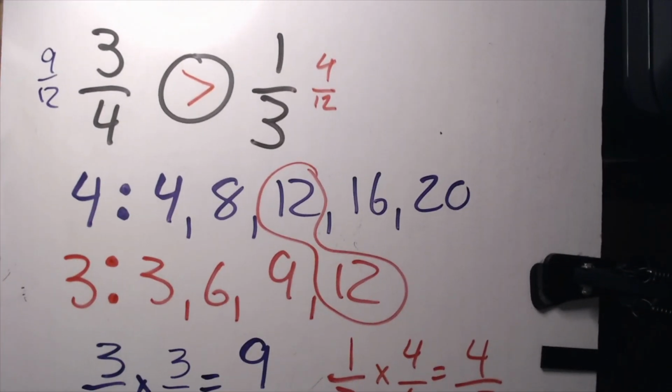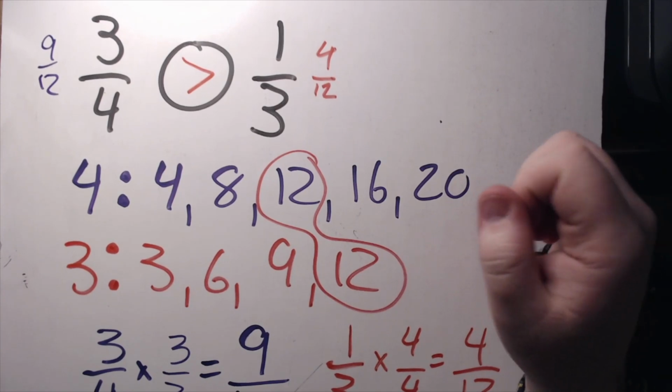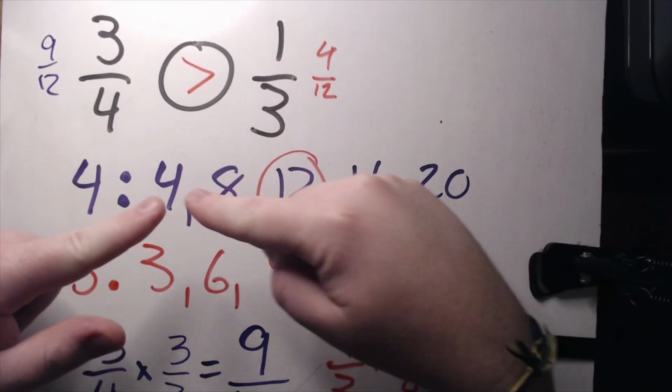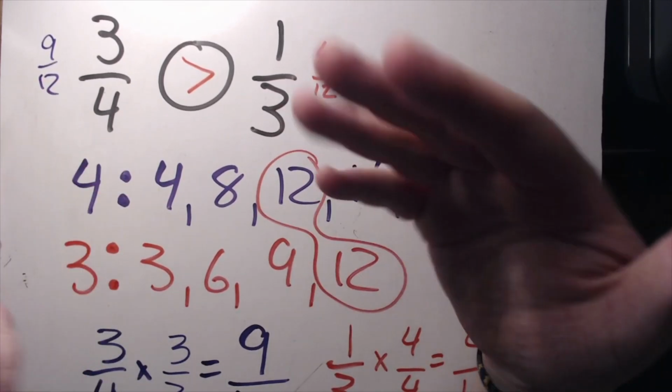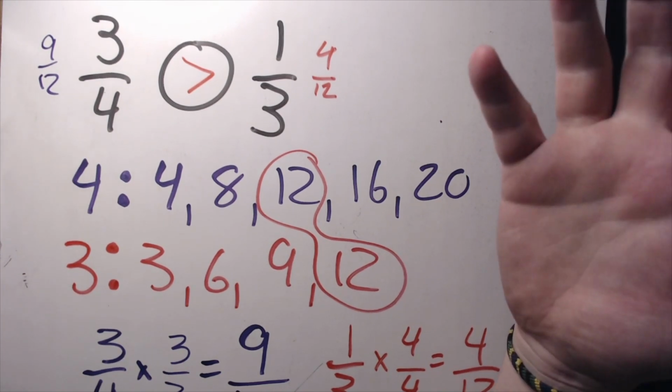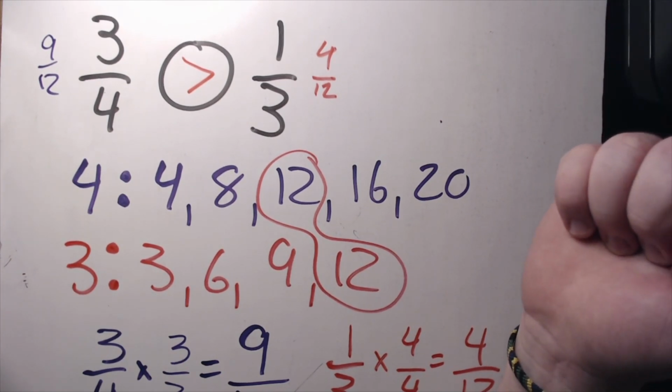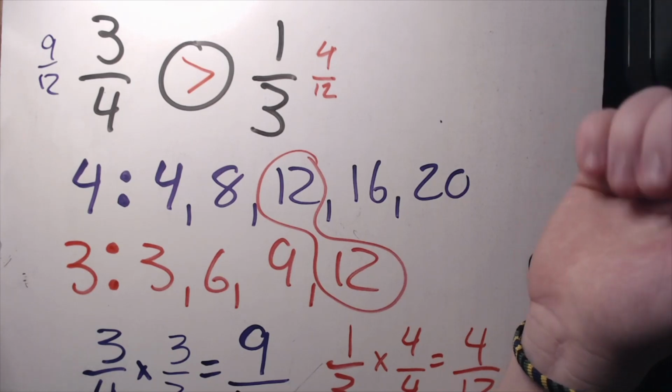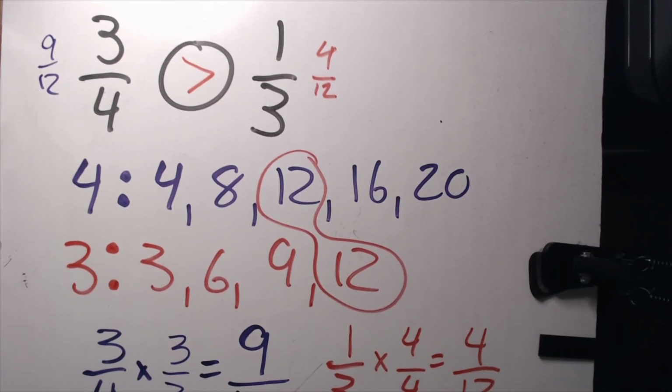One thing you can do to find common denominators, if the numbers are small enough, is you can just multiply the denominators together and then compare fractions that way. That's a totally fine strategy if you want to do that. Sometimes the numbers get a little big and a little bit harder to work with, which is why we don't always do that. But it's a little shortcut if you are struggling with finding your common multiple.